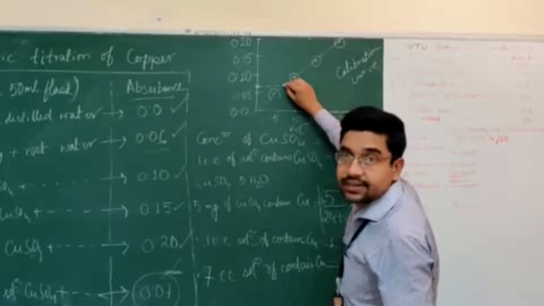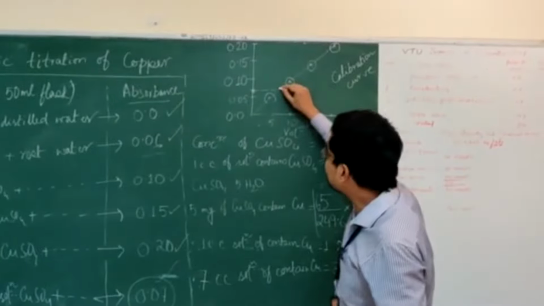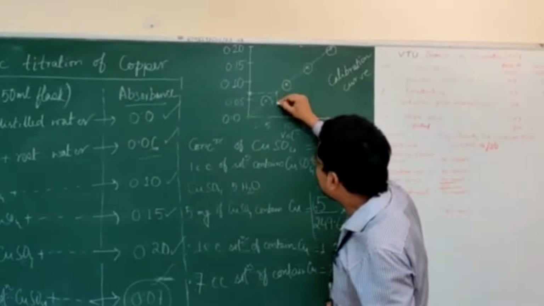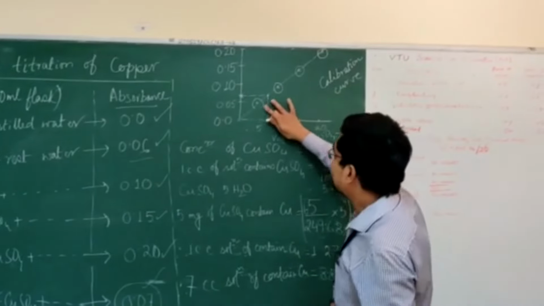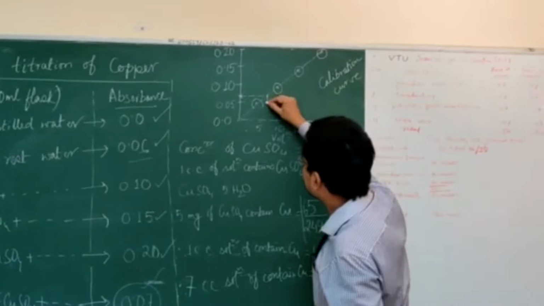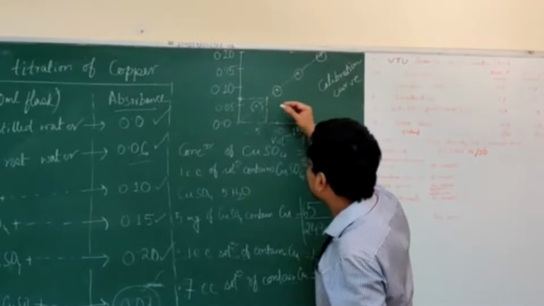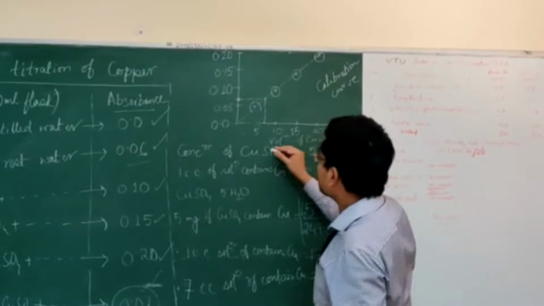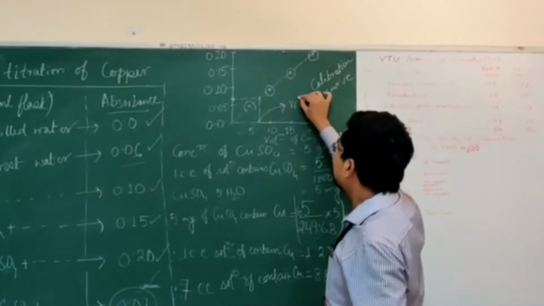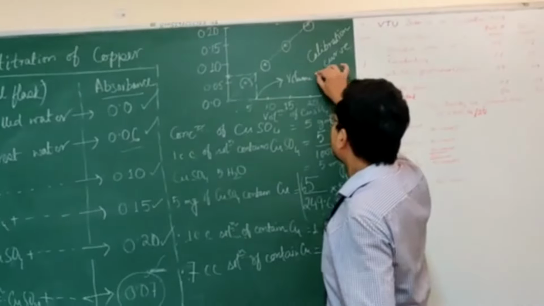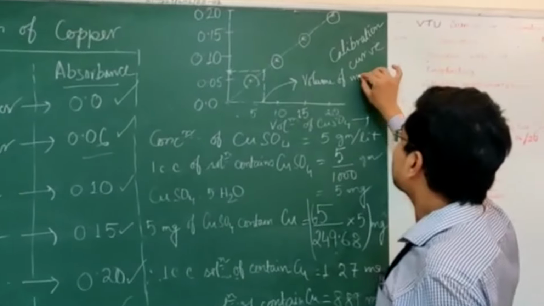The line is intersecting here. Through this intersecting point, I am drawing another line. So, if we do the plotting, this is going to be our volume of unknown solution.